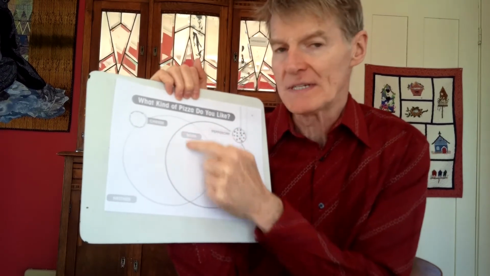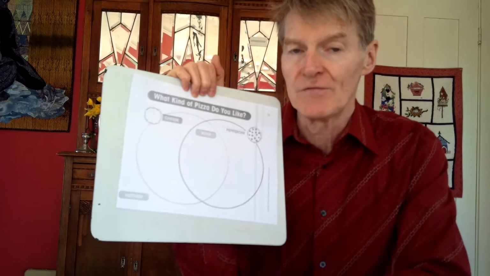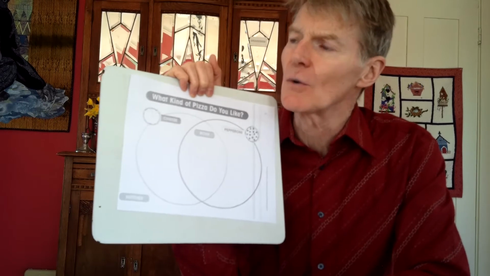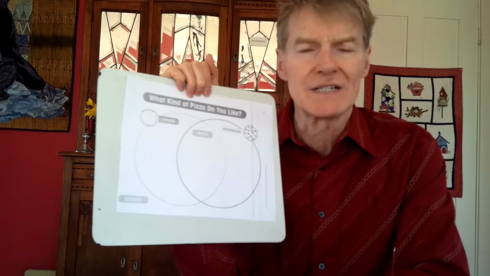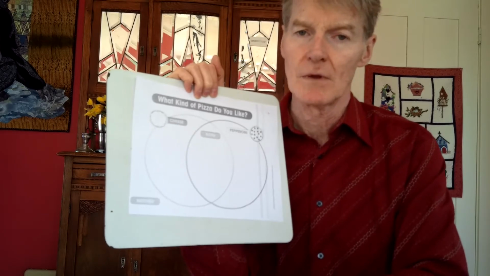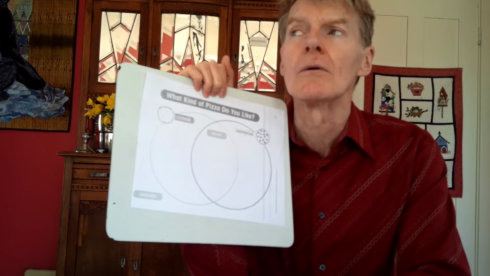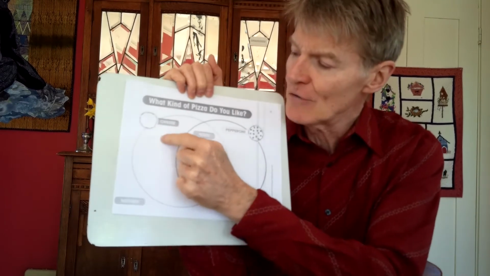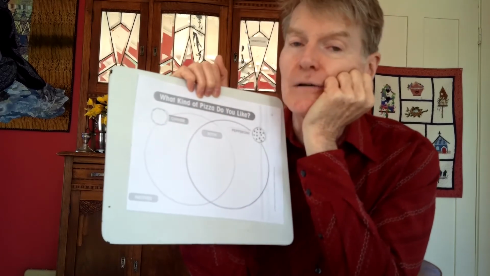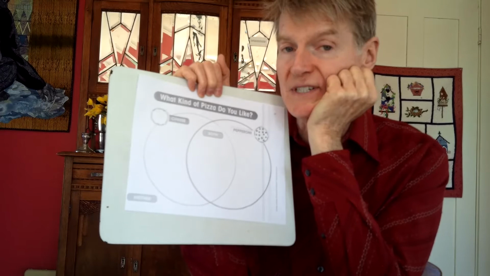But this part is shared. So if, for example, you find someone and ask the question, what kind of pizza do you like, and they say cheese, you could say cheese or pepperoni or both. They can write their name over here. You could do a tally, but I think names would be interesting because then you'll remember what people said.